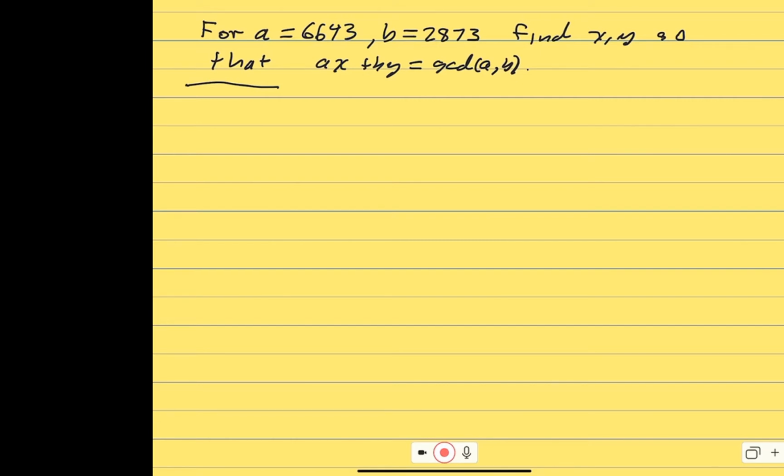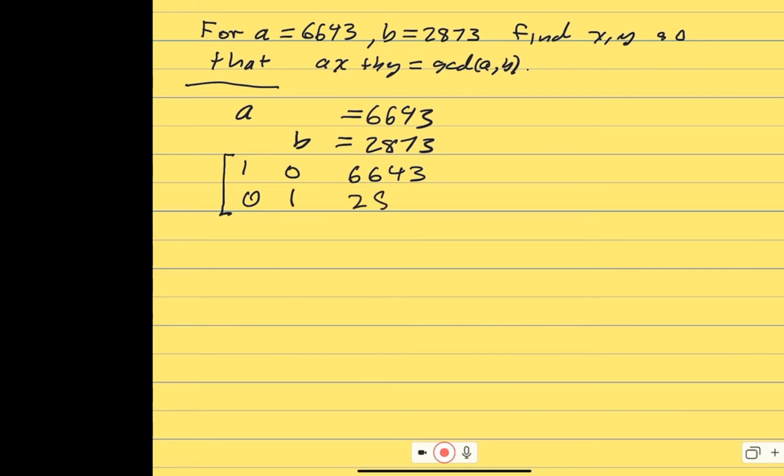So we'll start by just writing A equals 6643, B equals 2873, and following the book's lead, we're going to write this in matrix form as 1, 0, 6643, 0, 1, 2873.